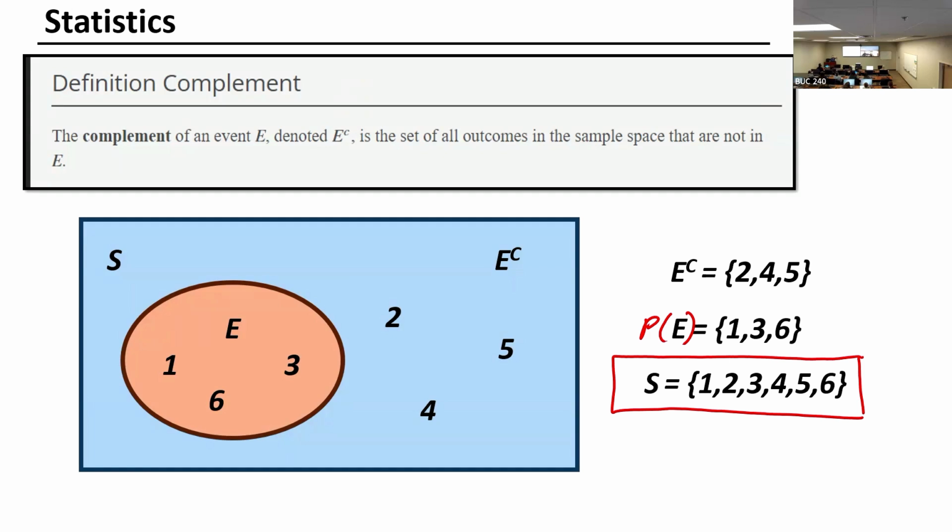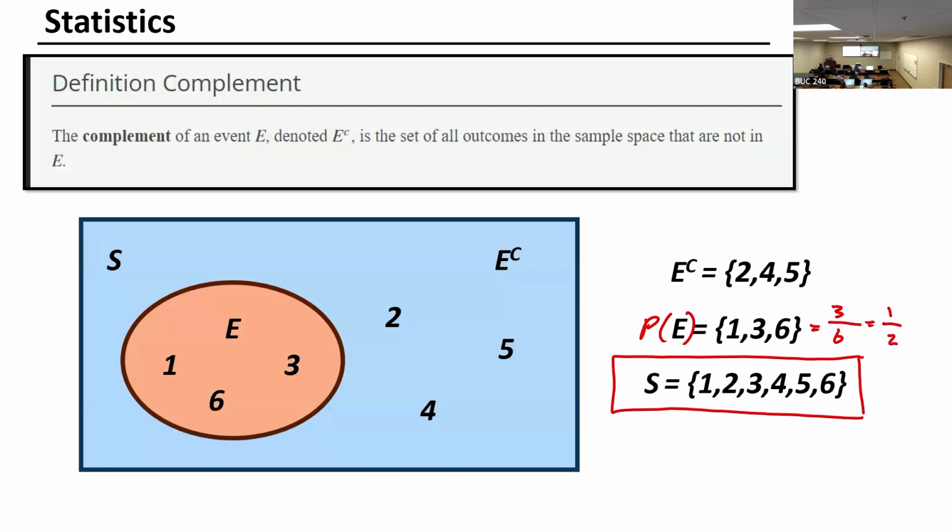I'm looking to get a 1, 3, or 6. What would be my probability for that? How many things am I looking to get? Count those in E. 3, right? Okay, very good. What's the total? 6. So my probability is 1/2. You see how that's kind of working now?